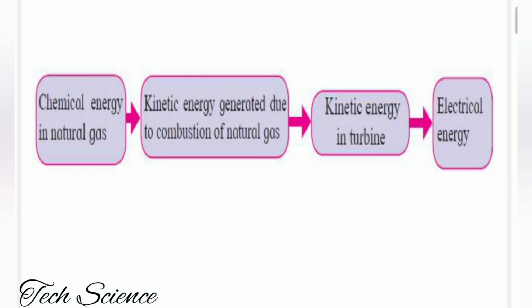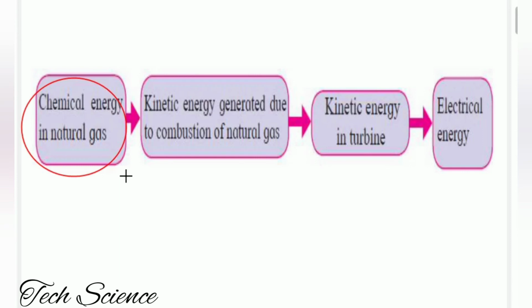In the diagram here, you see the kinds of energy transmitted step by step in the working of electrical energy generation from natural gas. First of all, this is natural gas used as a fuel, and inside the natural gas we have a kind of energy called chemical energy.